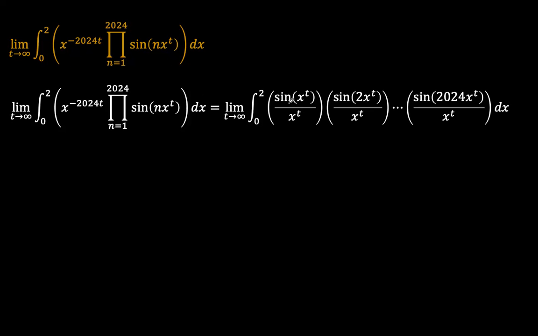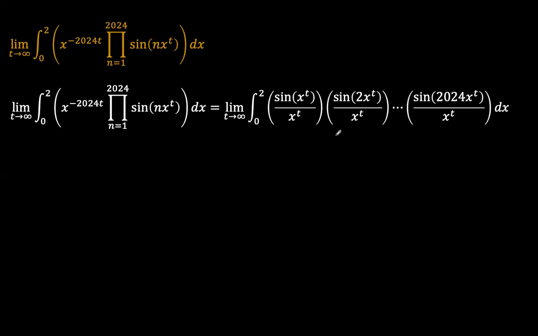So we have sine of x to the power t over x to the power t, sine of 2x to the power t over x to the power t, continuing all the way to sine of 2024 x to the power t over x to the power t. So we have these 2024 different elements multiplied together.